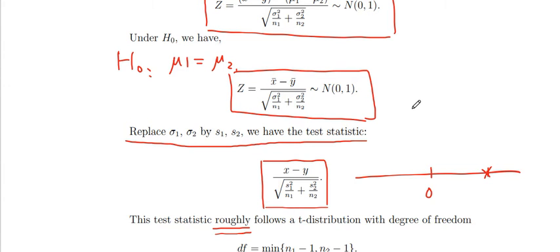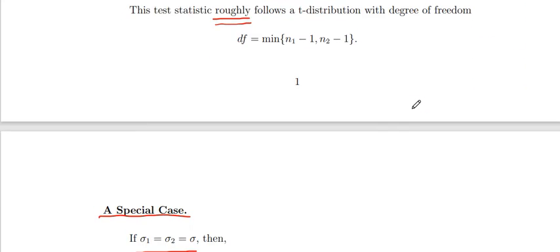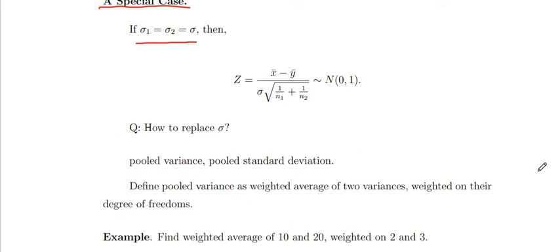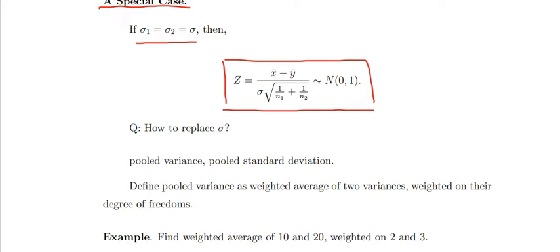So this follows standard normal. Before, we had sigma 1 and sigma 2, two sigmas. Now we have only one sigma; we reduced from two sigmas to one sigma.